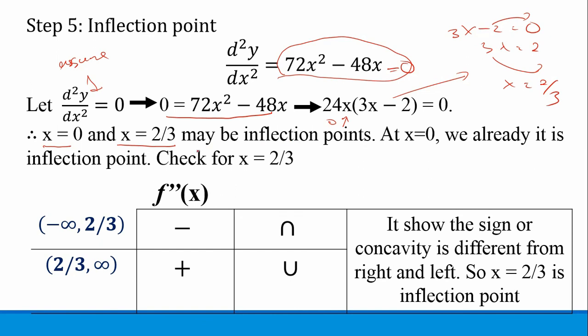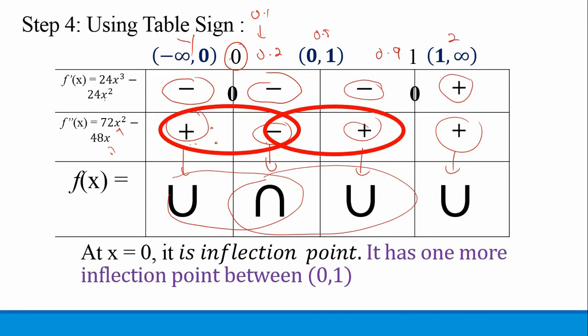So I already get these two points, but maybe they are inflection points. To show that it is an inflection point, I need to use a table of sign. I just want to check the point 2 over 3, because for 0 we already proved it.